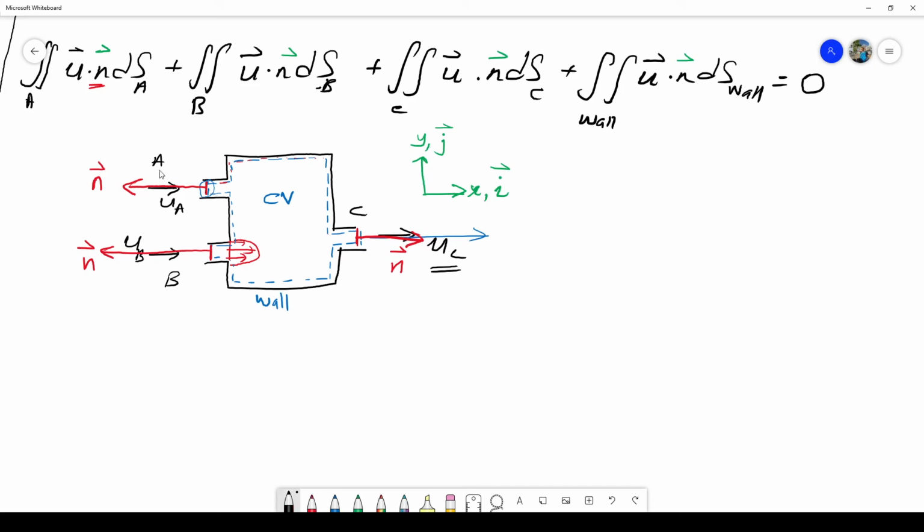All right, now we can rewrite our continuity equation to consider all the aspects we discussed just now. For surface A, we have u dot n, the velocity normal to the surface.